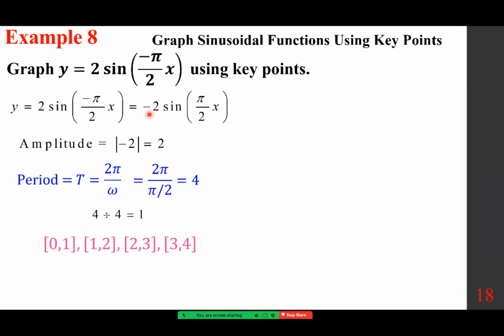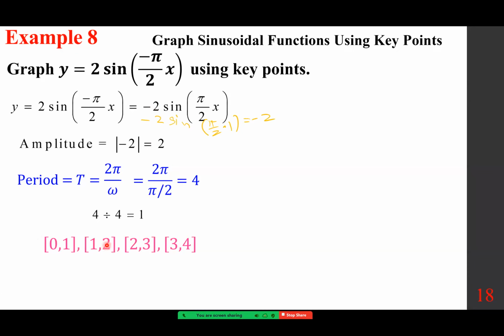Positive 1. Times negative 2 makes it negative 2. So again, negative 2 sine of pi over 2 times 1 gives me negative 2. That becomes very straightforward.